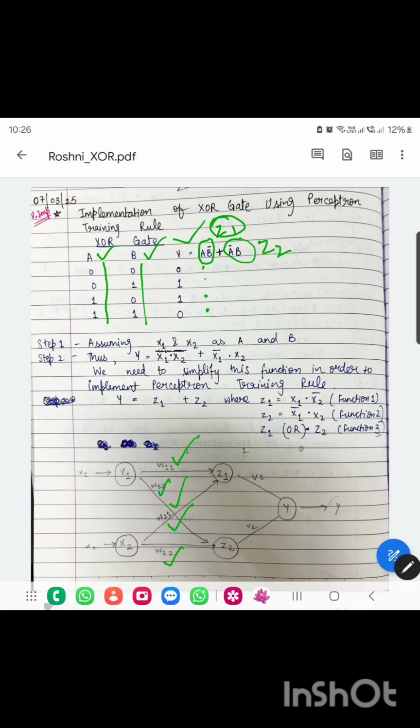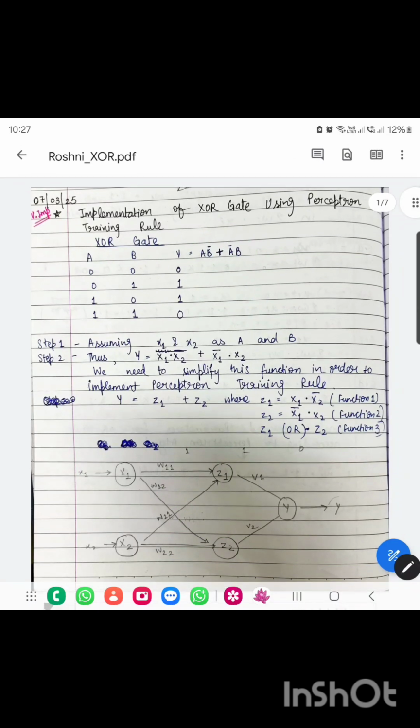All right, so what we are supposed to do, we are firstly supposed to find out Z1 for 4 cases, training examples, and then Z2 training examples, and we have to see whether the weights that we have assumed are fine or not. If they are not fine, we have to adjust the weight with this formula. What is the formula? I'm just writing it down for you.